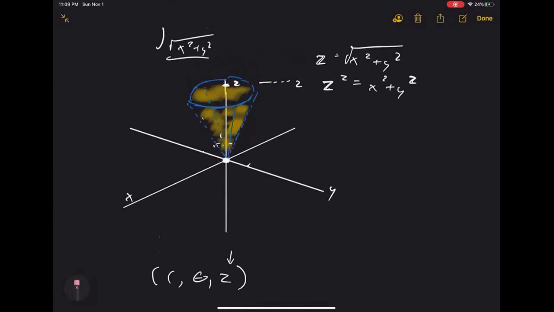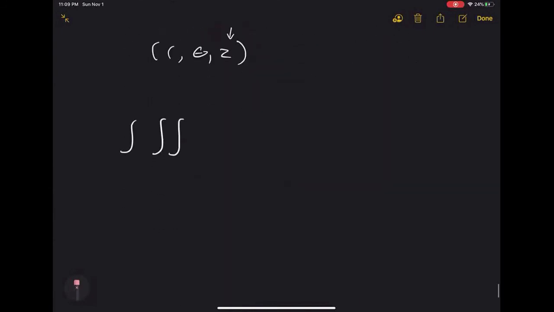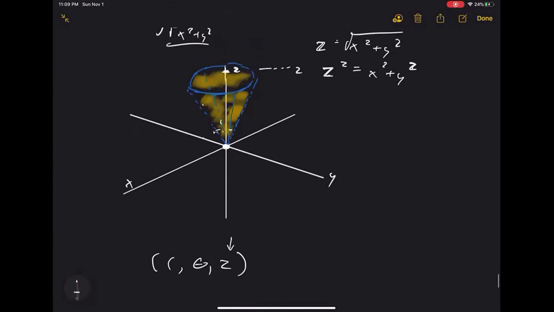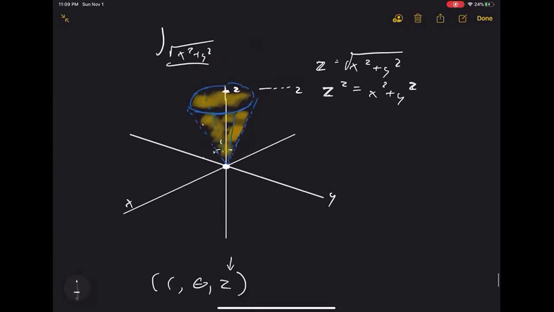Now if I'm going to write z, let's do that as our outermost integral. So let's try and write these as constants. Okay, what constants can I write for z? Well, where do my z values begin? Down here at 0.